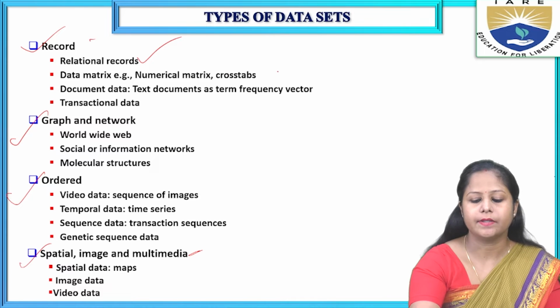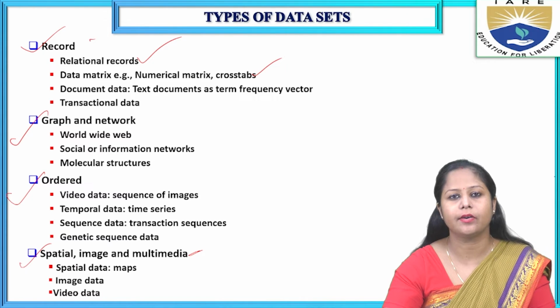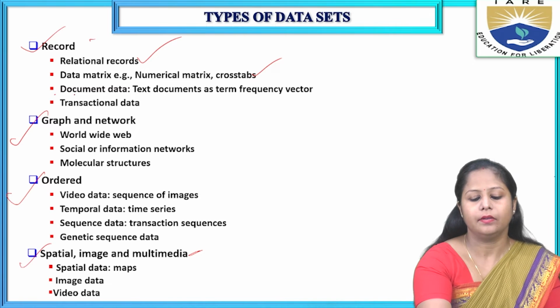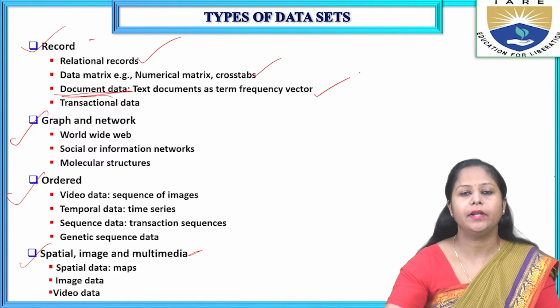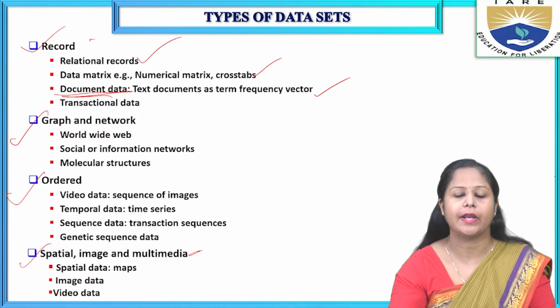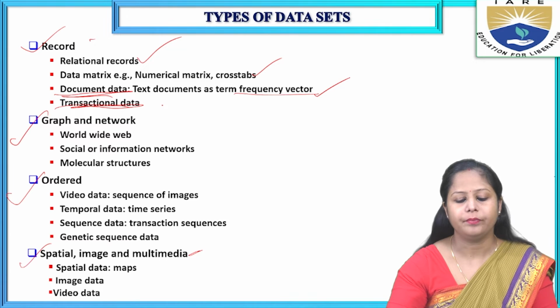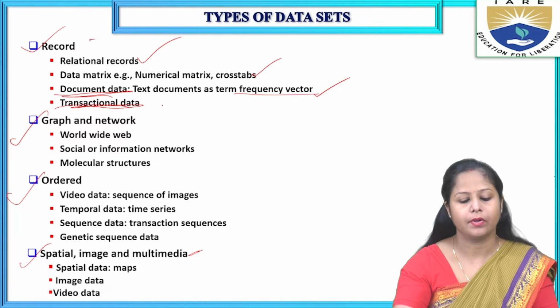The data matrix, we can say numerical matrix, is also called a crosstab. There is also document data, the text document that we also call a frequency vector. That may also be transactional data.